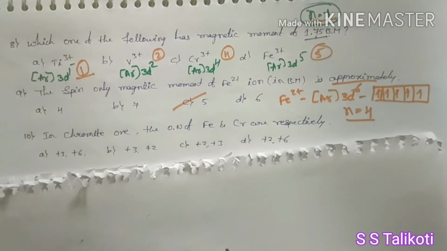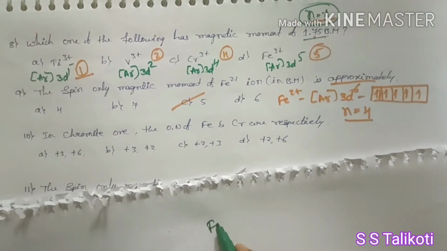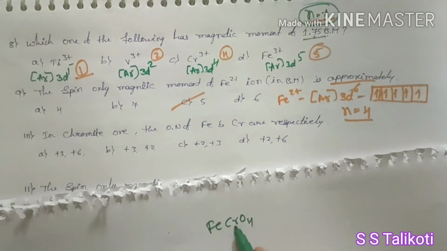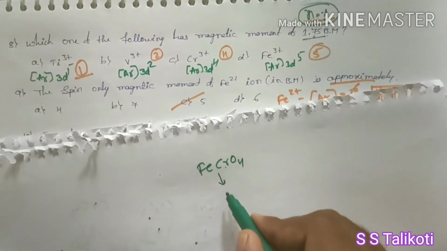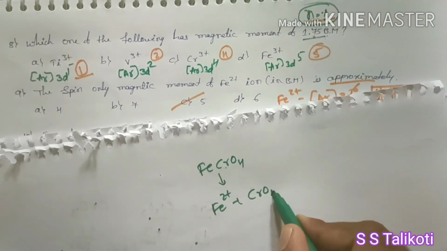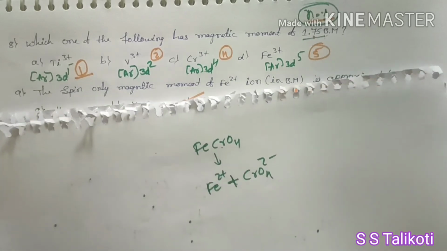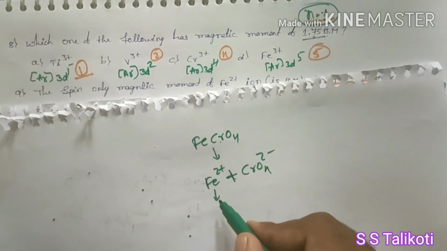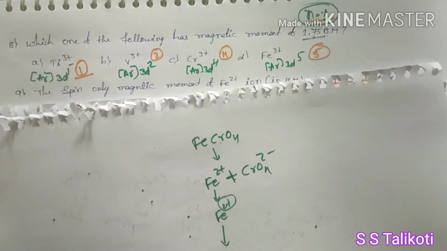You see here, dear student, they are asking about chromite ore, FeCrO4. What is the oxidation number of Fe and Cr in chromite ore? First, we know that this compound ionizes. It gives rise to Fe2+ plus CrO4 2-. This is our ionization. The oxidation number of Fe2+ is +2. Therefore, for Fe we get +2.